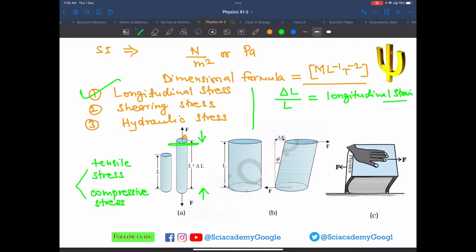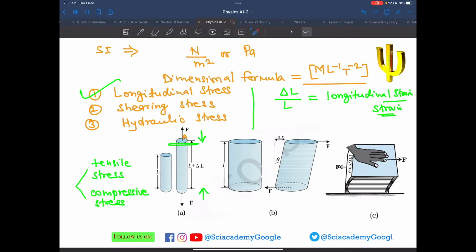Okay, so this strain is along the force, and that's why it is called the longitudinal strain, and it has no unit.